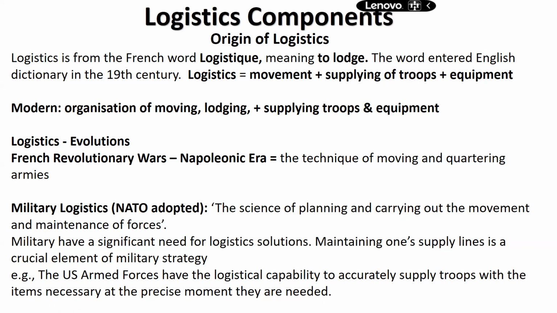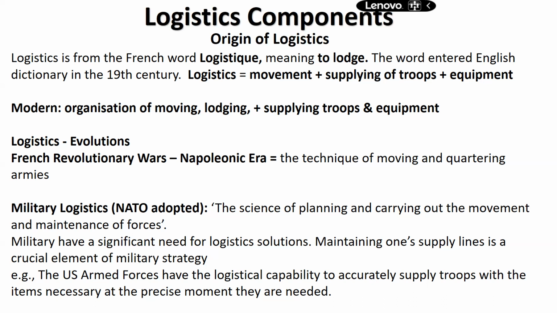And logistics evolution, there was this French Revolution War. If you want to look at logistics evolution, there was the French Revolution War that came to the Napoleonic era, where the French had some fight with Europe, okay? And that degenerated to now the technique of moving and quartering. And quartering means that these soldiers that were on the forefront of the war had to be catered for, they had to be housed.